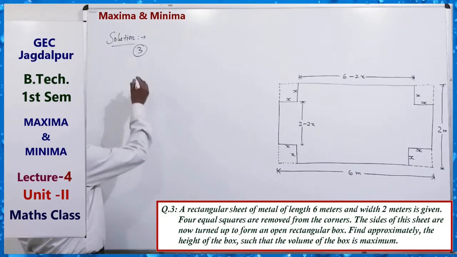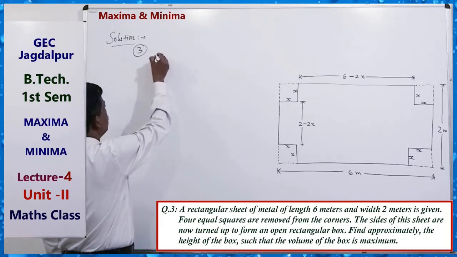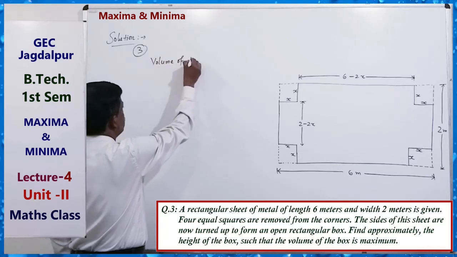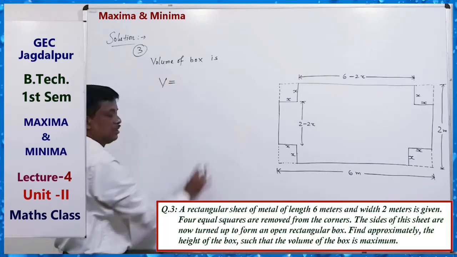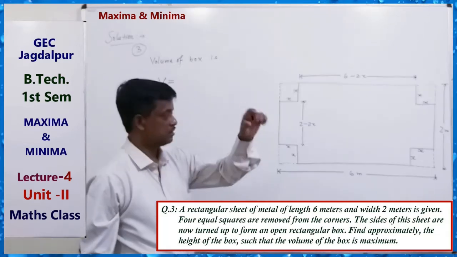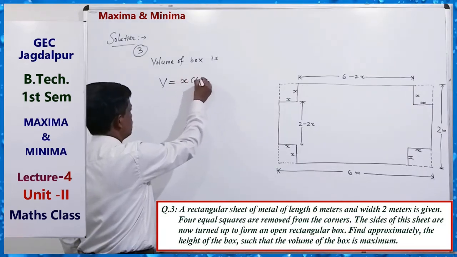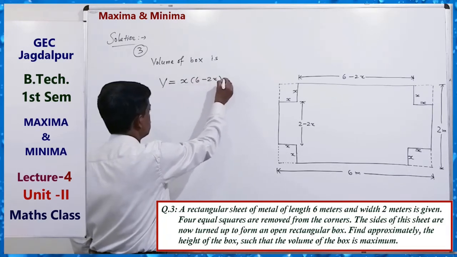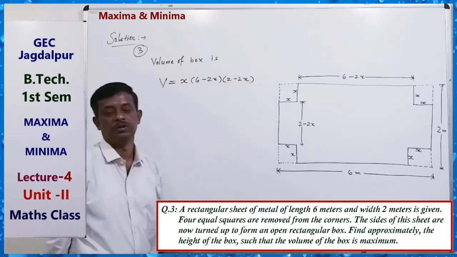So we can write the volume. Volume of the box is what? Just multiply height x, length, breadth. So x into (6 minus 2x) into (6 minus 2x). This is the volume.